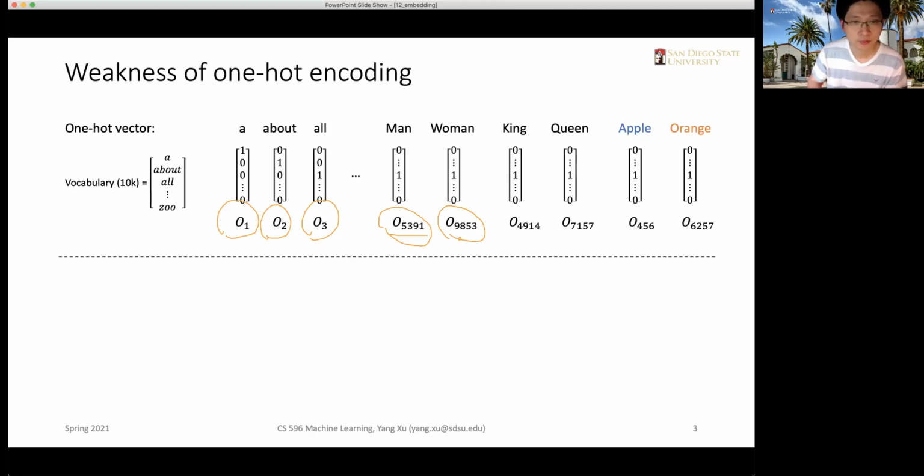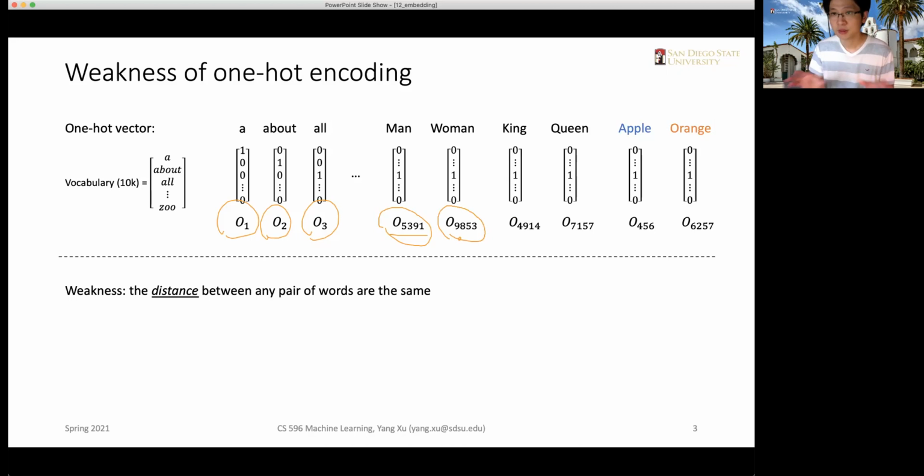So the problem with this type of encoding is that the one-hot vector doesn't carry meaning. That is, if we measure the distance between any pair of words, we'll find that they are equally distant from each other if the position of each word is defined by the one-hot vector.